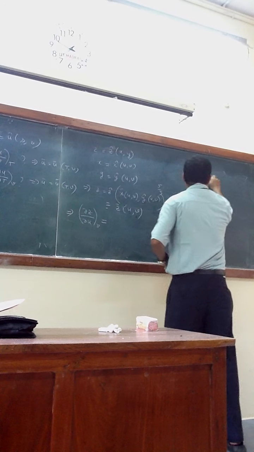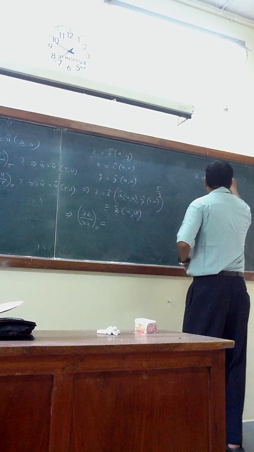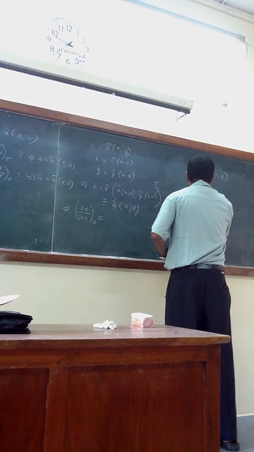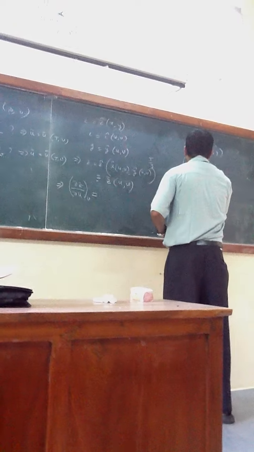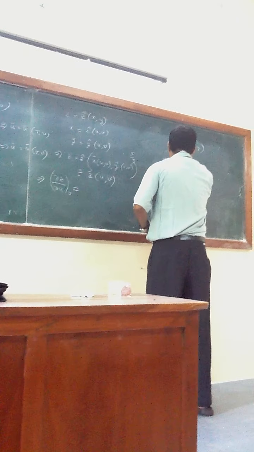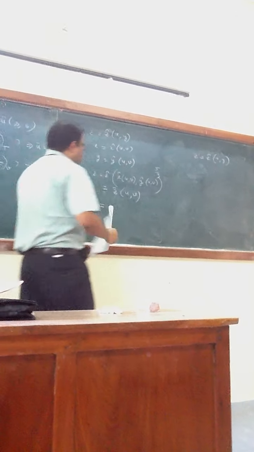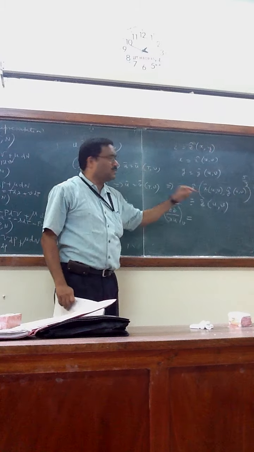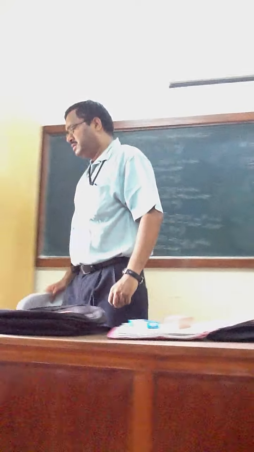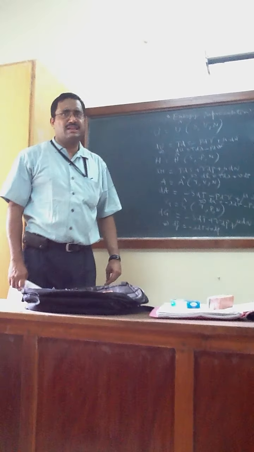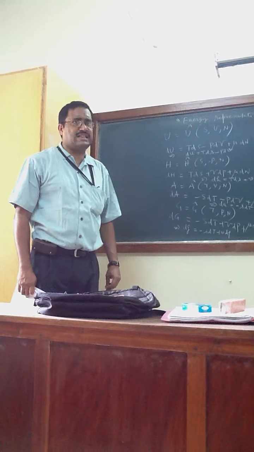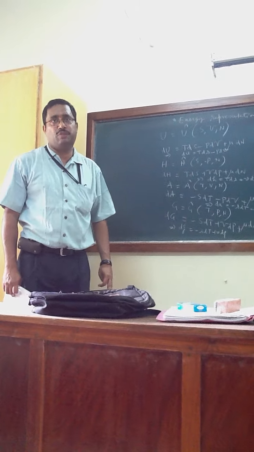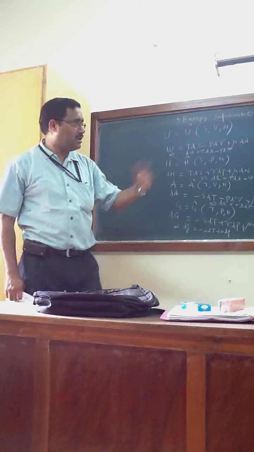If z hat of x, y, what is dz? dz is nothing but ∂z/∂x at fixed y dx plus ∂z/∂y at fixed x dy. So ∂z/∂u at fixed v. Now you can tell me.